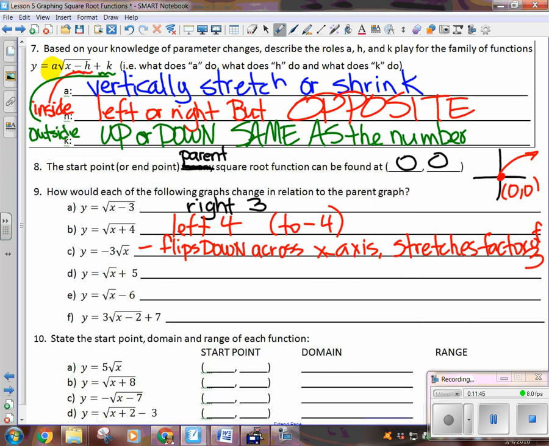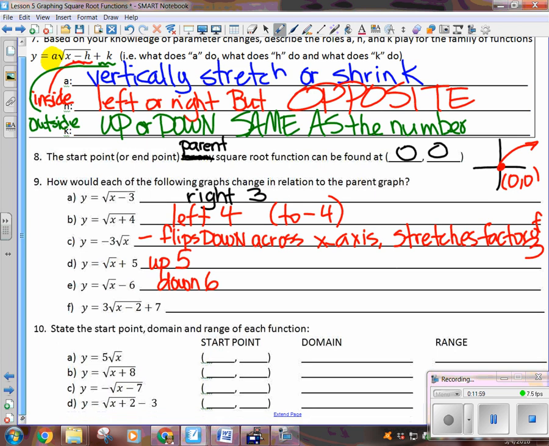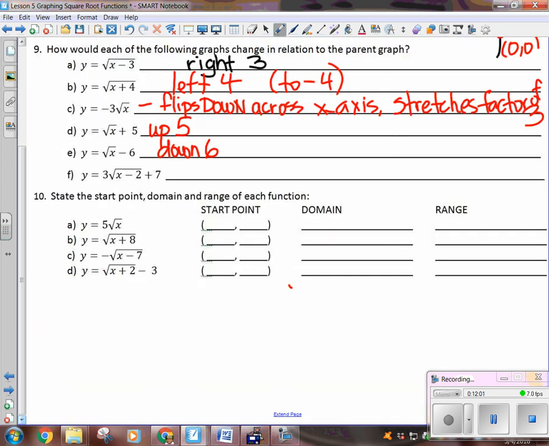Where's the 5 in part D? It's on the outside, so that makes it go up 5. What does the next one do? Minus 6. That one makes it go down 6. There are 3 things I need to say for F. What 3 things should I say?